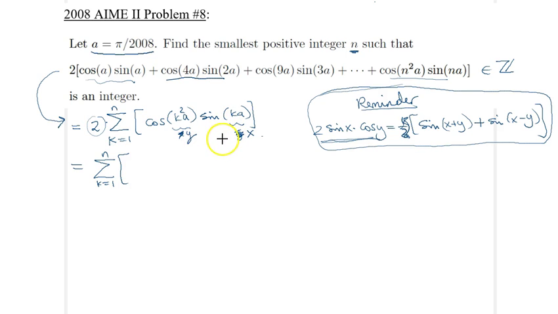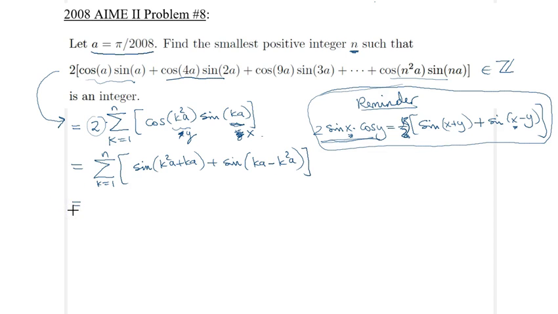So I would have sine of the sum first, k square a plus ka, plus the sine of the difference, ka minus k square a, and I can close the brackets here.